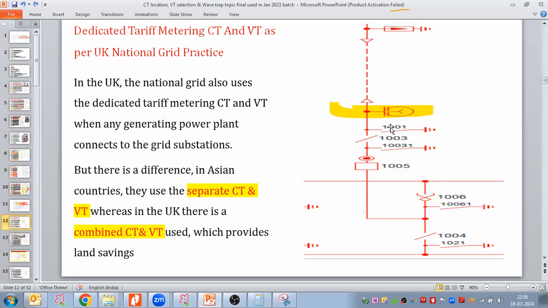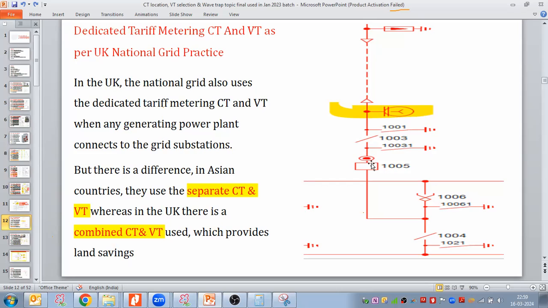I took this SLD example because sometimes at the time of the interview, they will show their SLD and ask you to read it. So how will you read the SLD and understand which symbol represents what equipment? This symbol represents the combined CT-VT. This symbol is a disconnector or isolator, the same as we use in Asian countries.